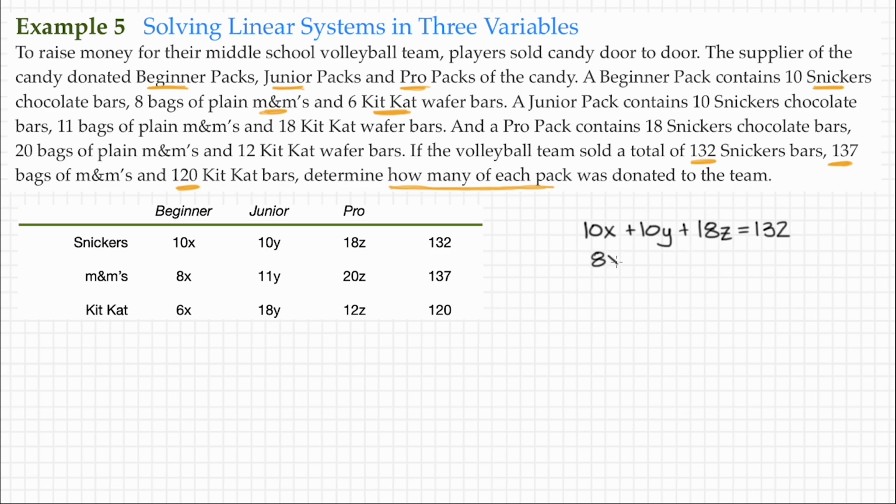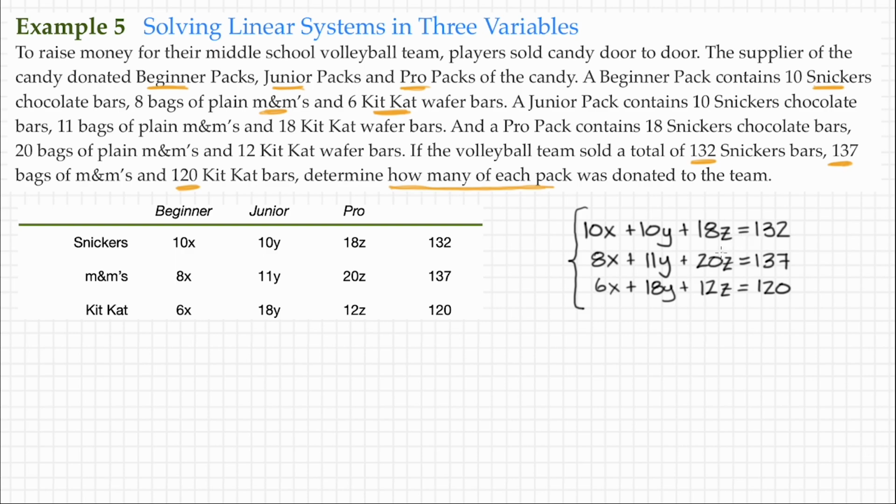Then we have 8x plus 11y plus 20z, that's equal to 137. And finally, 6x plus 18y plus 12z, and that's equal to 120. We close off this system. So this is the system of linear equations that models this scenario.